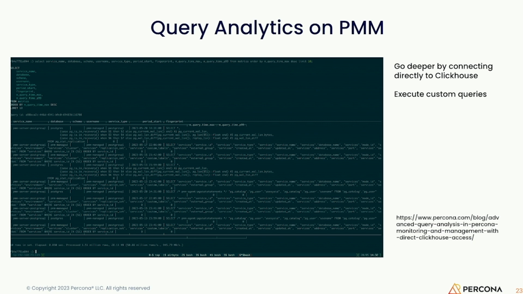The fingerprint is the query without values. Then you can see by buckets of 1 minute the P99s of the query, and you can easily see if there's something that is beyond the P99 by comparing that value with the actual executed value.